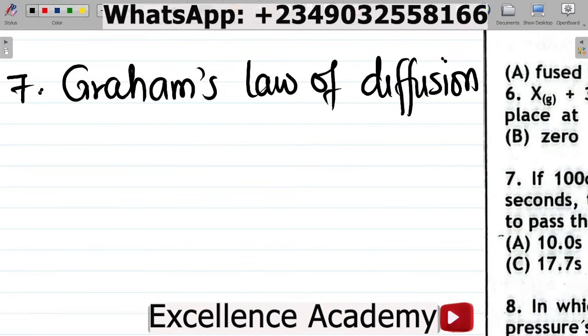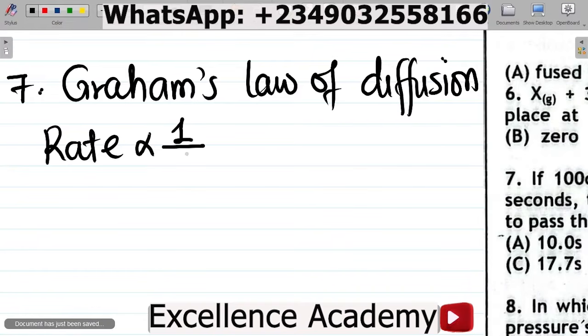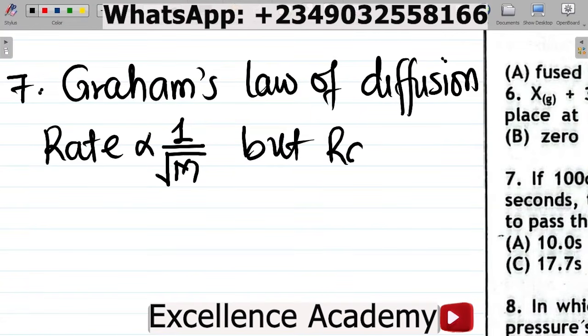The first thing you want to notice from Graham's law of diffusion is that rate is inversely proportional to the square root of molar mass. But you want to note that when we say rate, rate is simply the inverse of time.